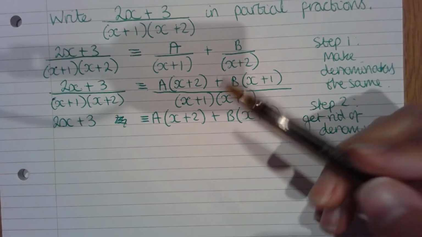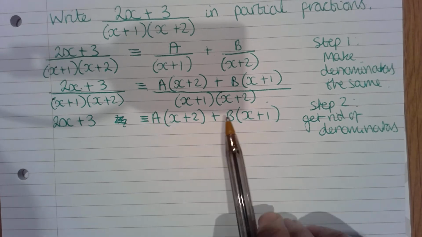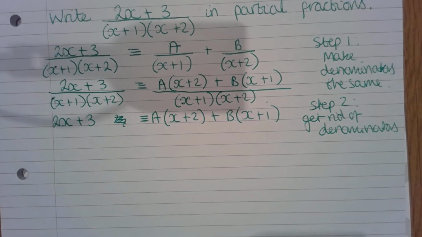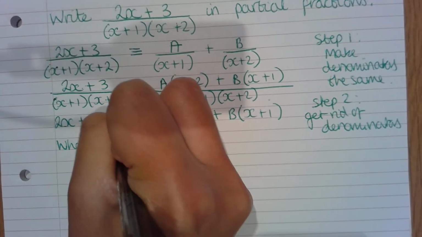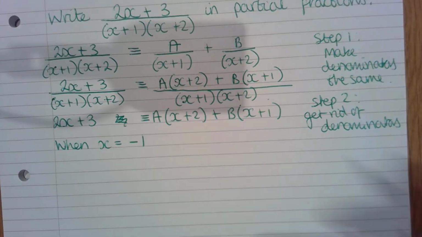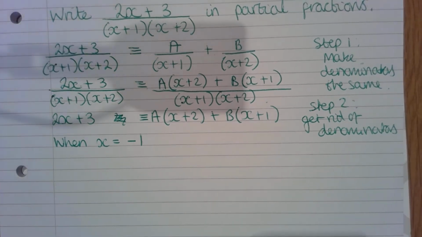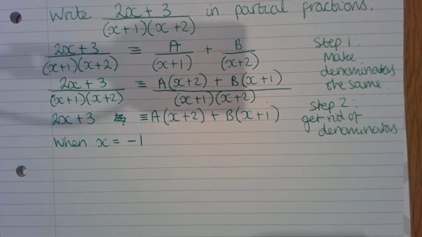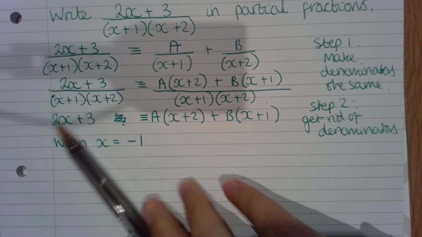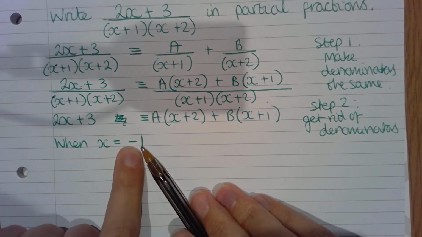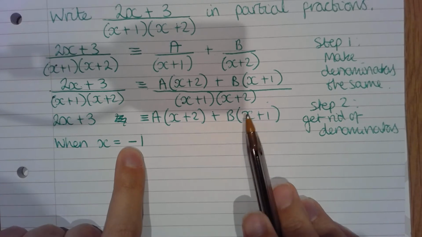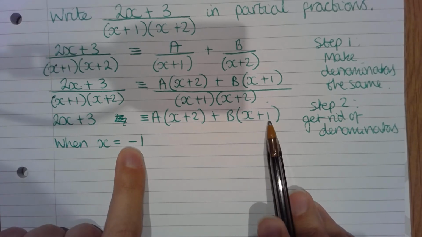We're going to substitute in values for x so that we can find the value of A and the value of B. I'm going to use x equal to minus 1. Now have a think about why I might be using minus 1. It's nothing to do with this, and it's nothing to do with this. If I substitute negative 1 into here, negative 1 plus 1 is 0.